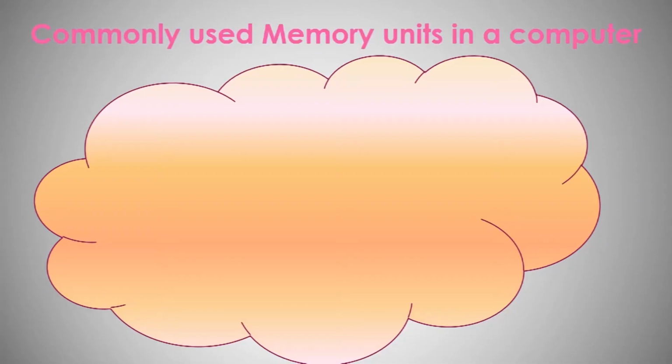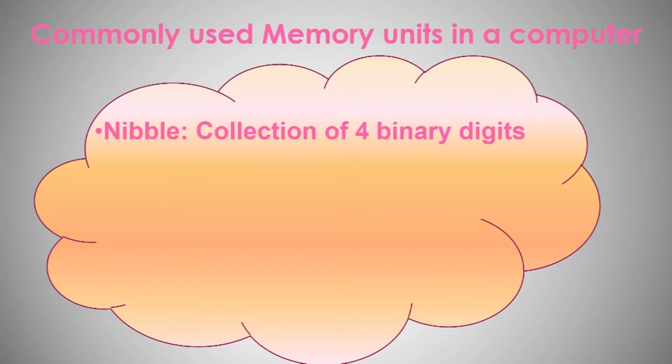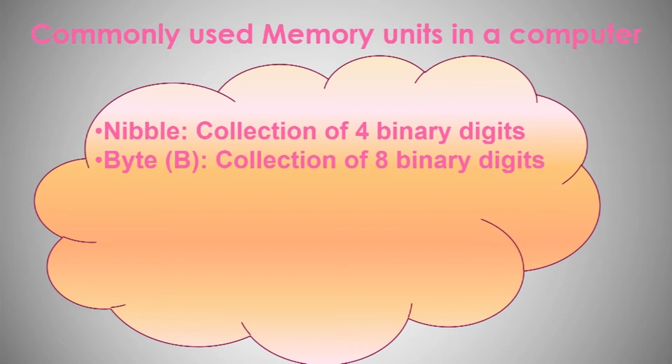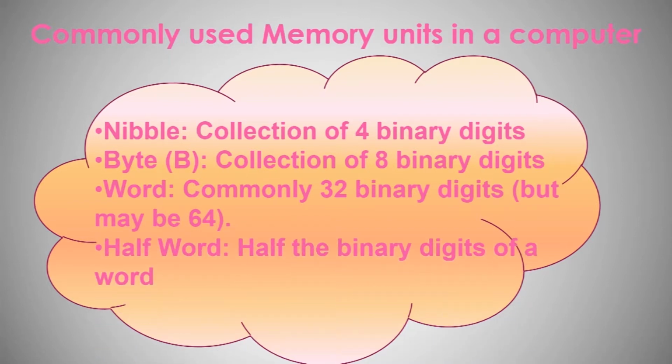The commonly used memory units in a computer are: nibble, a collection of 4 binary digits; byte, a collection of 8 binary digits; word, commonly 32 binary digits but maybe 64; half word, half the binary digits of a word; and double word, double the binary digits of a word.